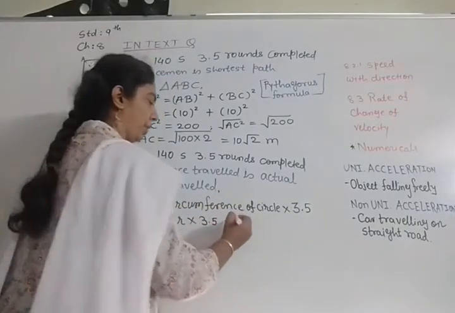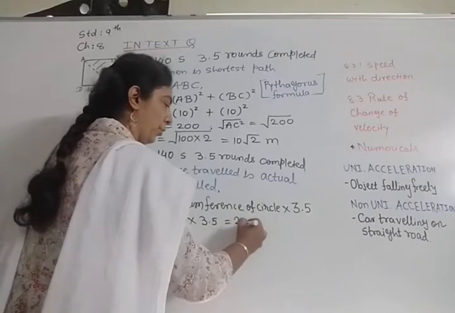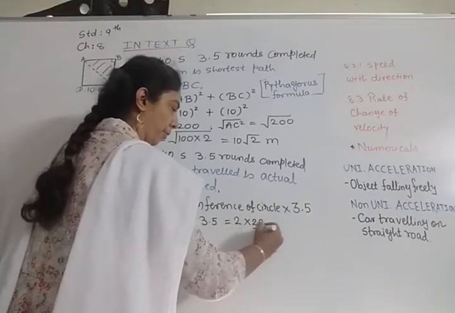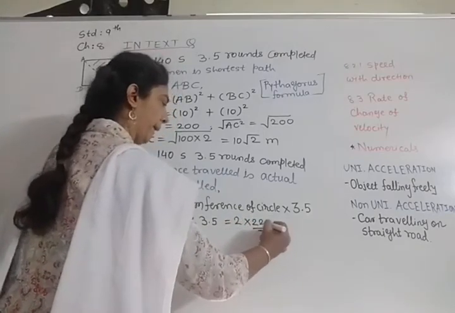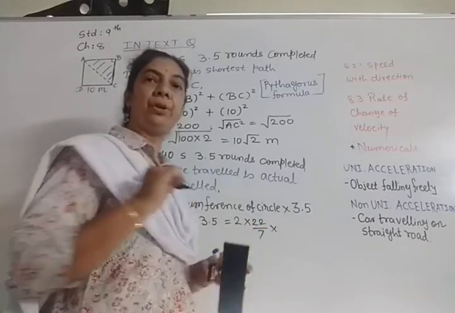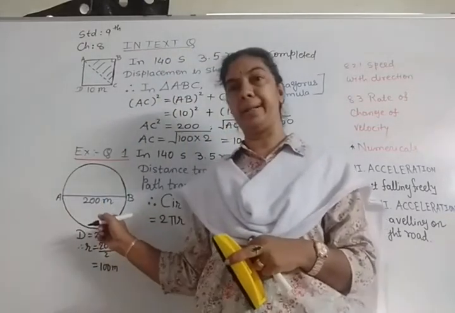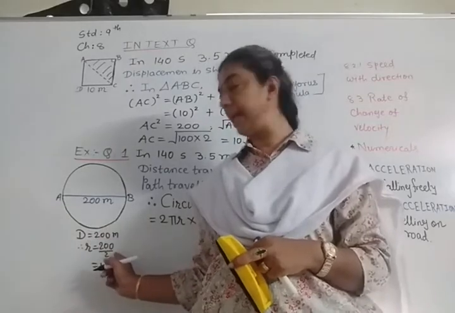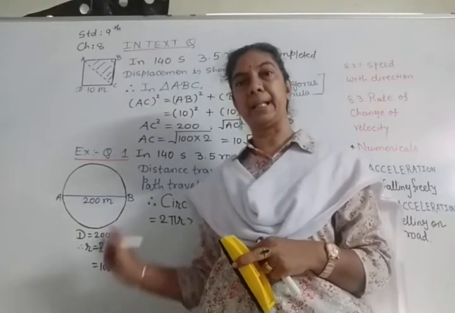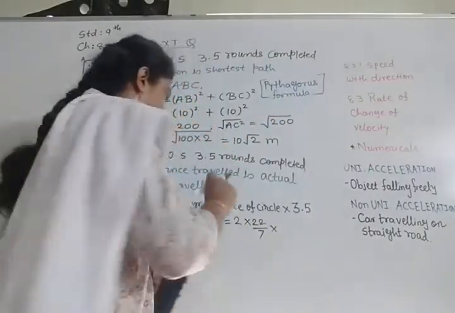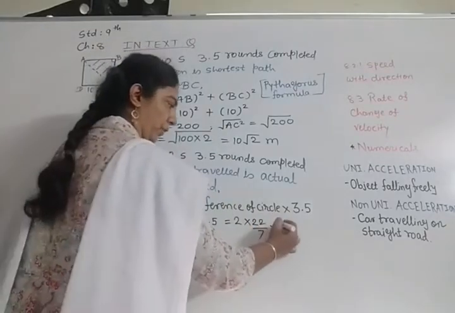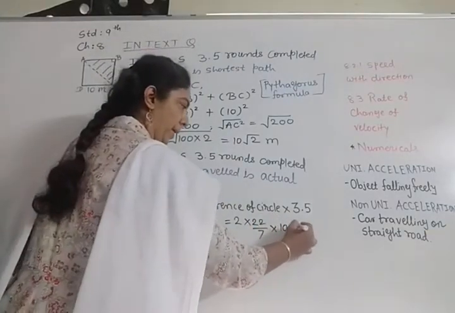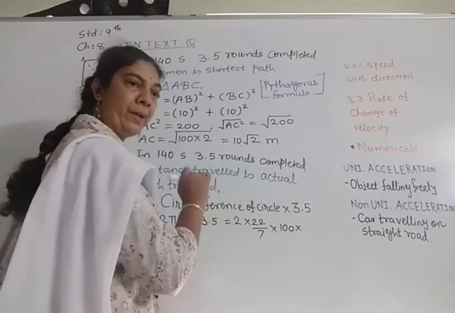Just substitute the values: 2 into 22 upon 7, the value of pi. Diameter is given to us as 200 meter. So divide it by 2, so we will get the radius as 100 meter. So substitute that also over here. 100 multiplied by 3.5 rounds.